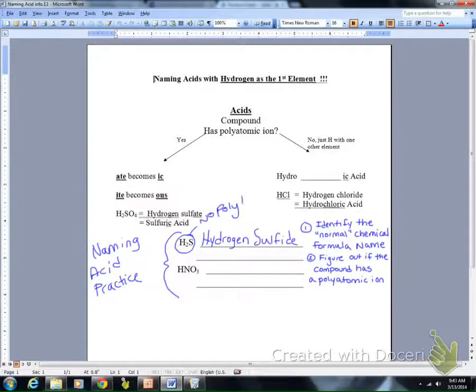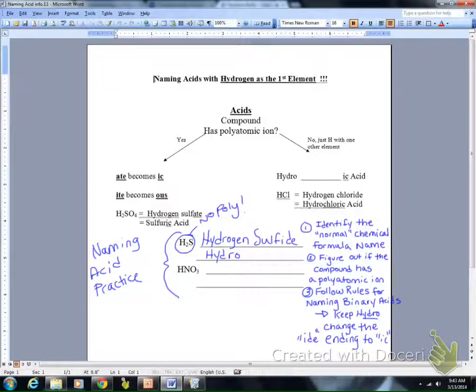In this case, there is no polyatomic. So now I'm going to follow the rules for naming binary acids. Remember, with binary acids, we have the word hydro in there. So we're going to keep hydro, and we're going to change the ide ending of sulfide to ic, because that's what my rules say for naming binary acids. So it would be hydrosulfuric acid.